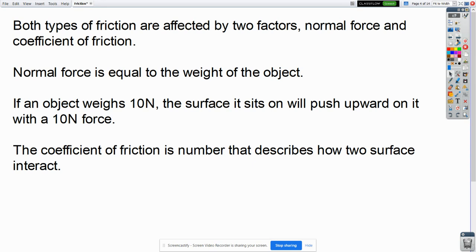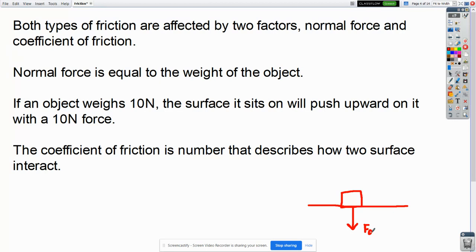Both types of friction are affected by two factors, the normal force and the coefficient of friction. Normal force was another one of those forces we talked about in the video on forces. If you have an object and that object is sitting on a surface, the force of gravity is going to pull down on it.